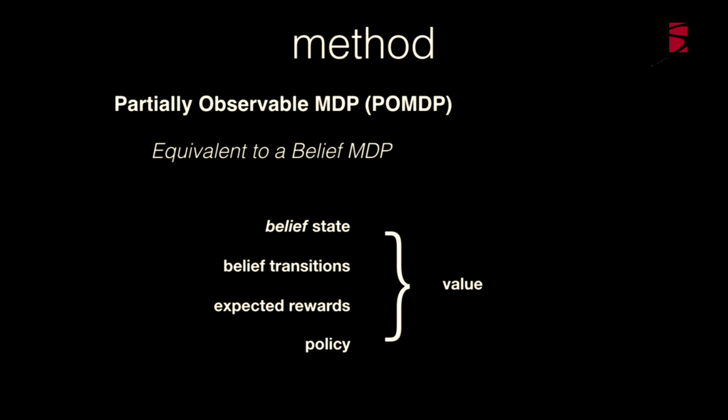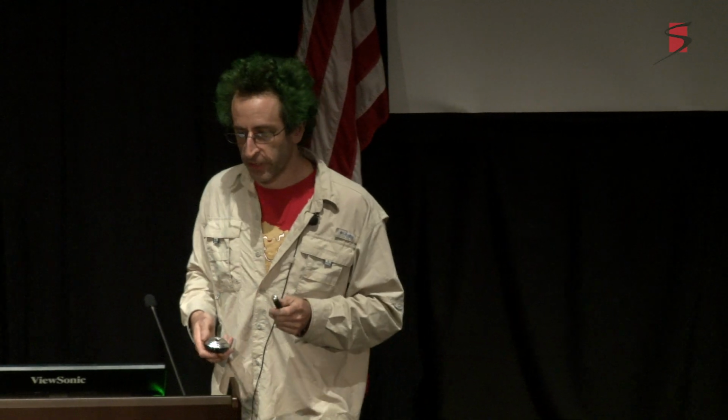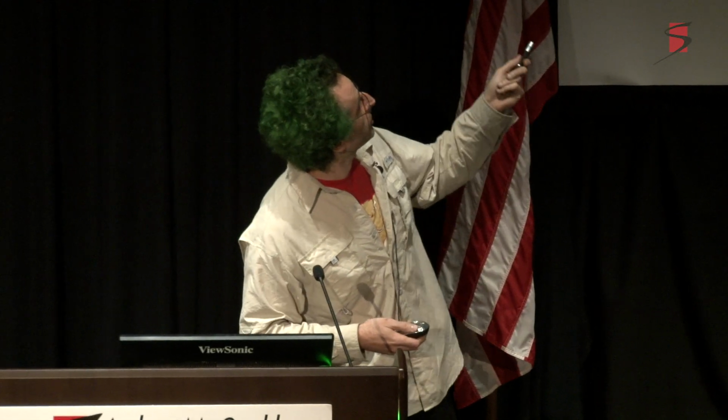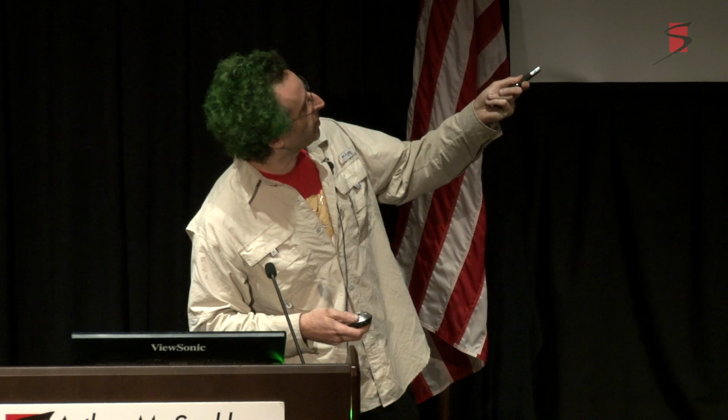So you have to plan on both of those. Turns out that this is equivalent to a Markov decision process where the state that you're tracking is not the state of the world, but the state of your own beliefs, the belief state. And you have belief transitions. And instead of rewards, you have expected rewards based on your own belief. And so again, you can construct a policy and a value that are consistent with each other to give you the best solution to this POMDP, partially observable Markov decision process.